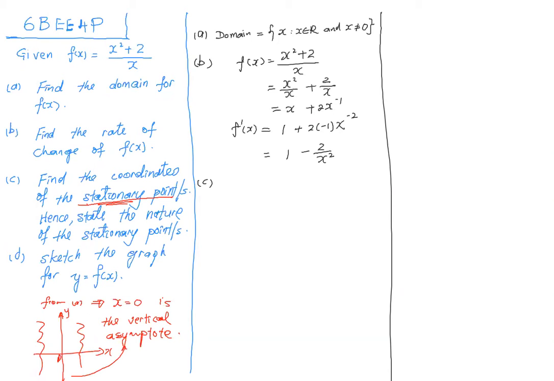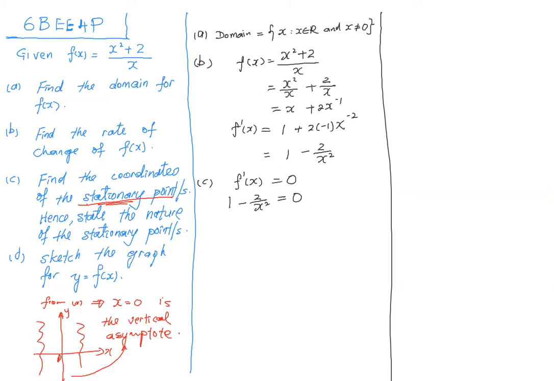Yeah, correct. You see, as long as you focus, you will know what to do. Okay, in this case, I will not write dy/dx equal to 0. I will write f'(x) equal to 0. So 1 minus 2 over x squared equal to 0.